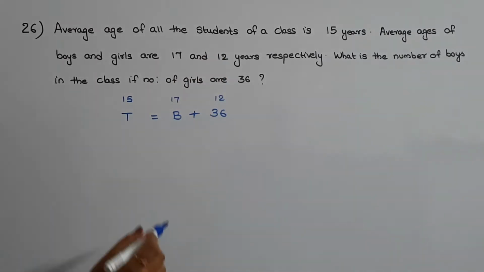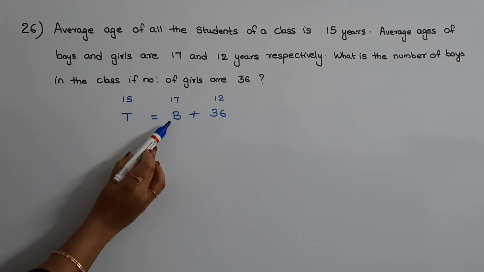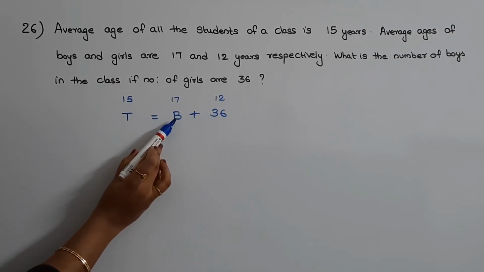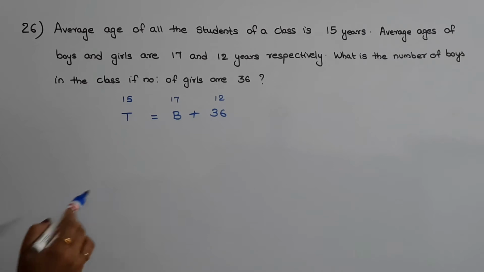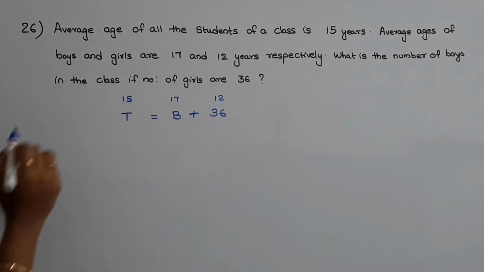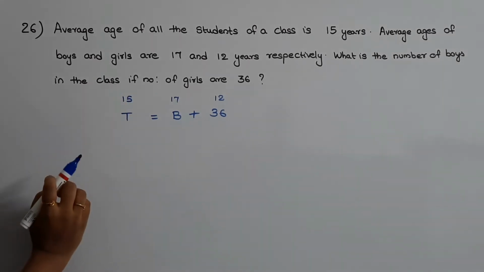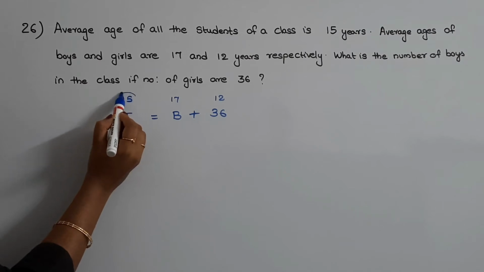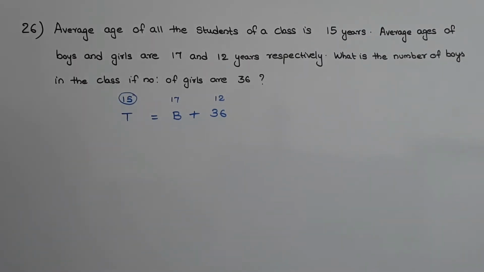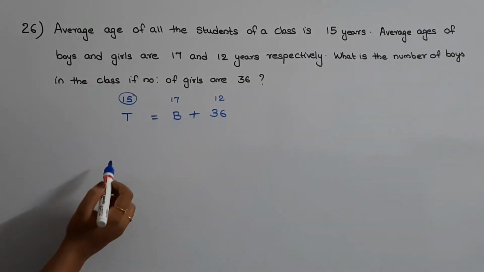We need to find out the number of boys. That means we need to find out the value of this B. So let us make this part 0. So in order to make this part 0, let us take 15 as the reference value.